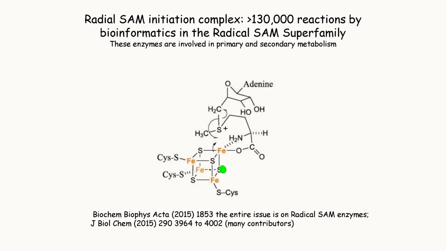You do reductive cleavage of the carbon methyl bond to form this carbon sulfur bond to generate a radical, and you do really complex free radical chemistry. For example, 50% of all the methane gas in the environment comes from a radical SAM enzyme that cleaves a phosphorus carbon bond.